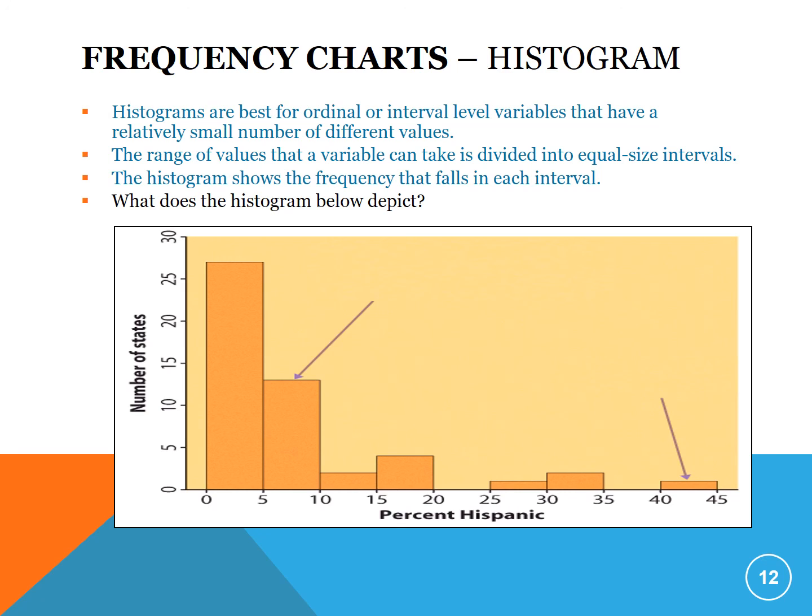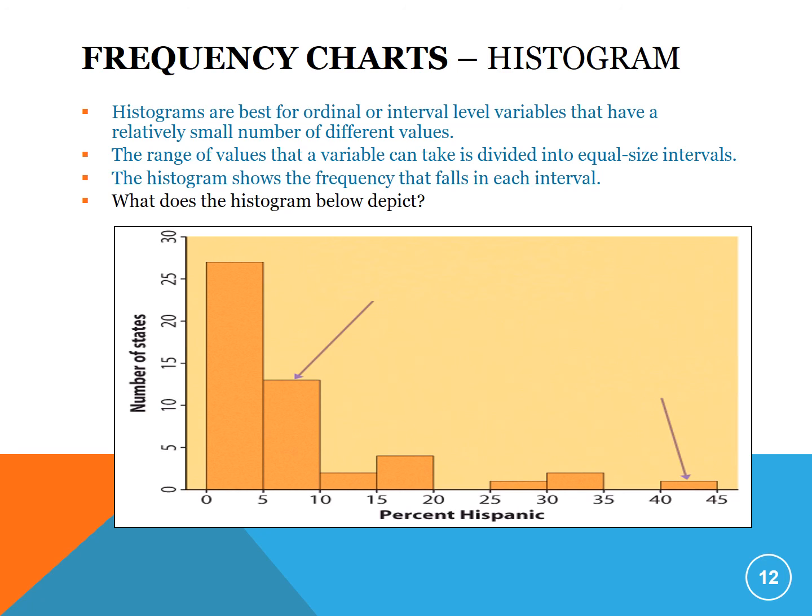The range of values that a variable can take is divided into equal-sized intervals. The histogram shows the frequency that falls in each interval. So that's why not only can we use interval variables, which have exact numbers, we can use ordinal variables that have ranges, right? So that's important to recall the definition of interval and ordinal and so on, right?